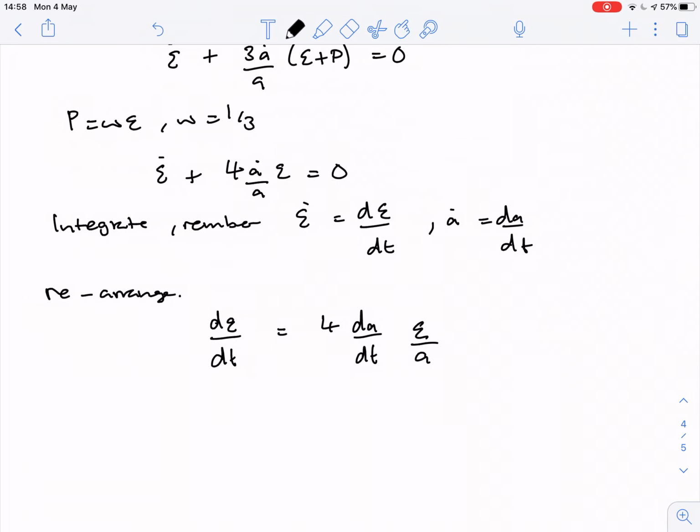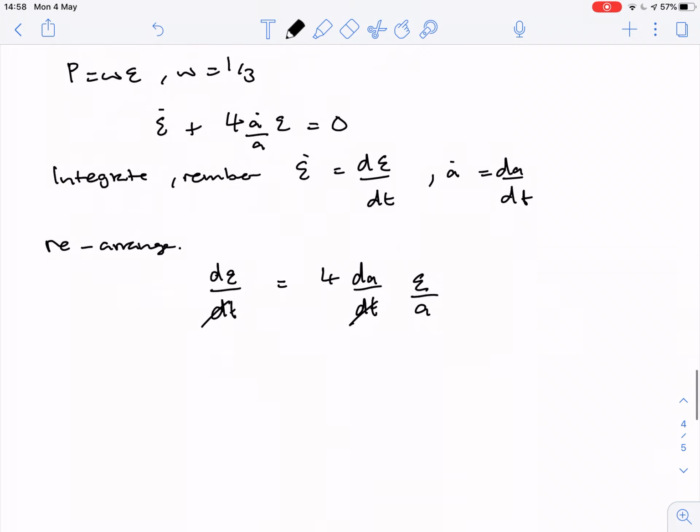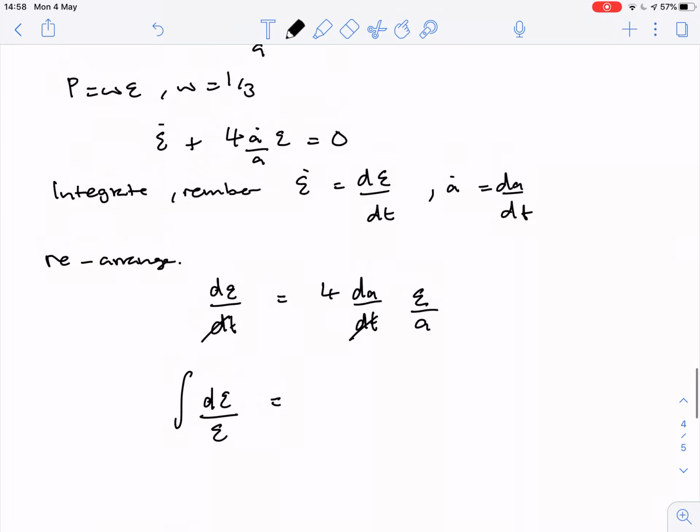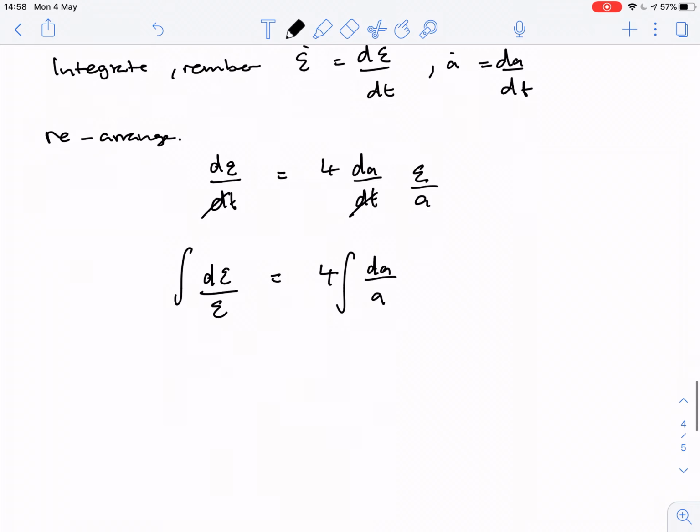And then I can do a bit of cancellation. The dt's here cancel, and I get that the integral of dε over ε is equal to 4 times the integral of da over a.